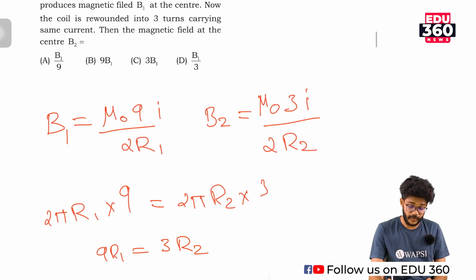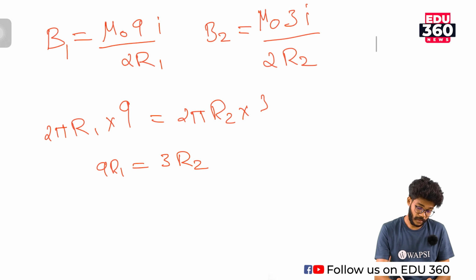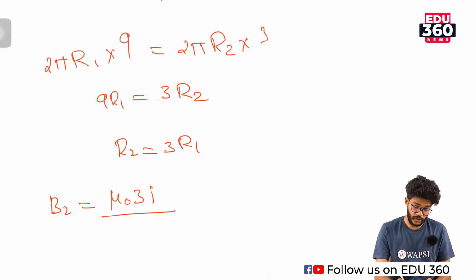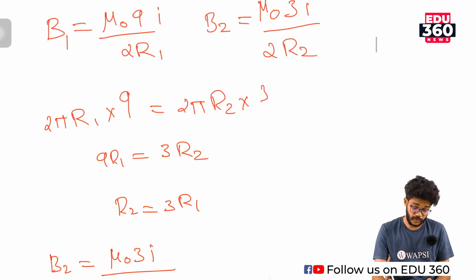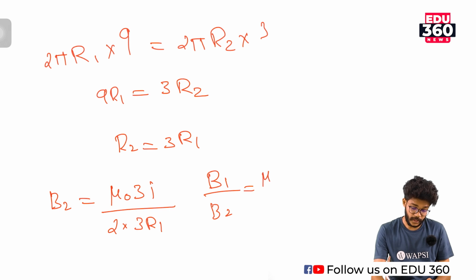We can substitute for r2. So r2 is equal to 3 r1. So B2 is equal to mu 0 3I by 2 into r2, which is 3 r1. So B1 by B2 is equal to mu 0 9I by 2r divided by mu 0 3I by 6r.